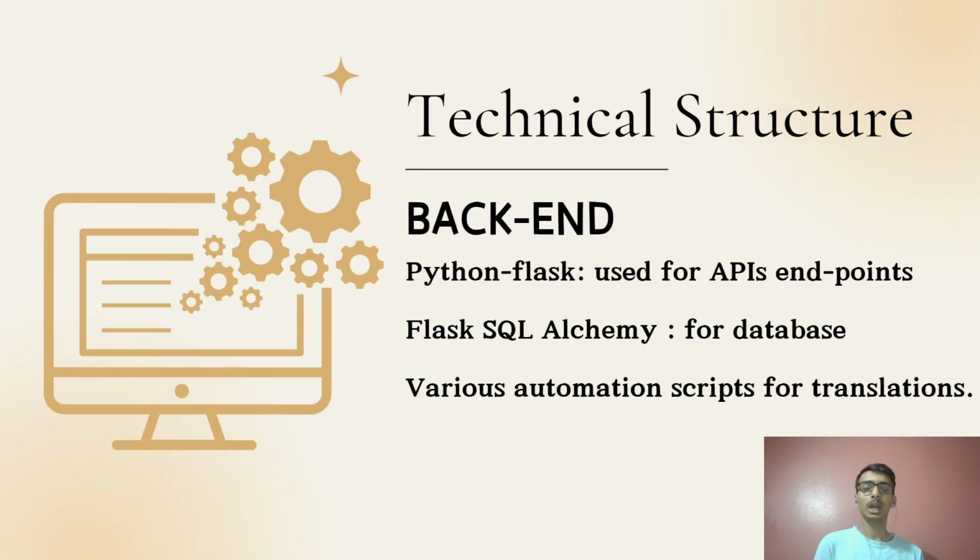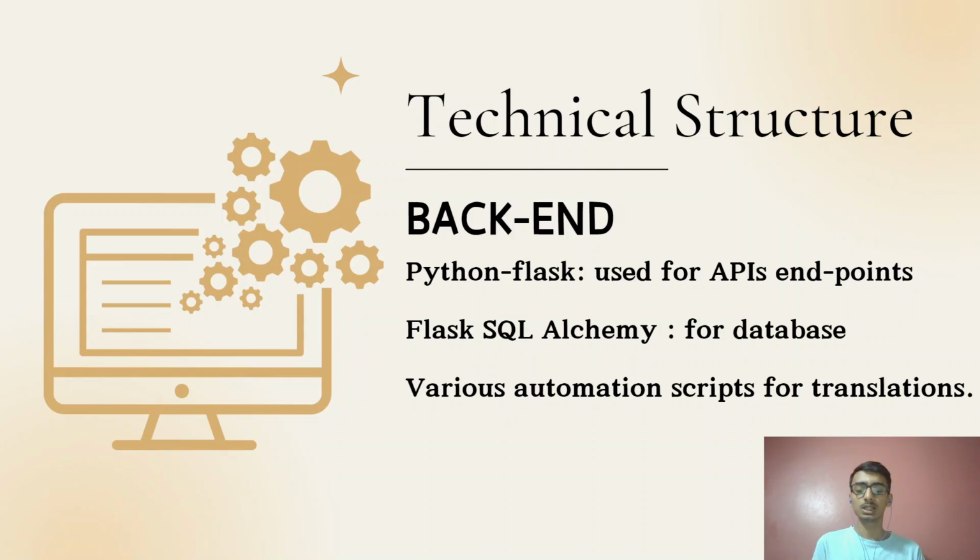Now coming to the backend, we use Python Flask for the API endpoints. The API we use here is Deep Translator. That's because Deep Translator provides better security as compared to the various translation APIs available in the market, be it Google, Microsoft, Amazon translations, or Gemini as an LLM.